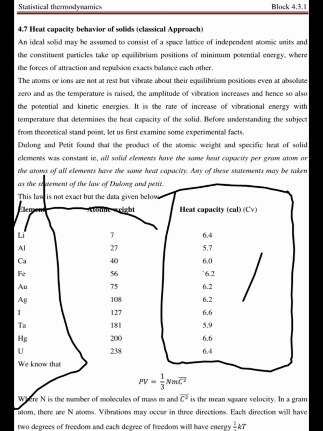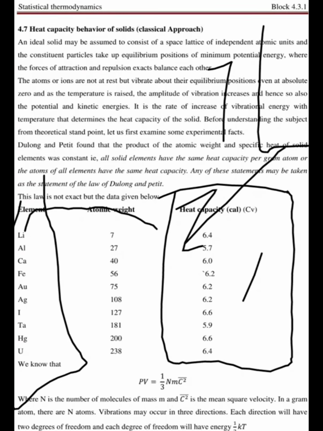N m is the number of molecules, m is the mass, and C bar square is the mean square of the velocity. So vibration may occur in three directions. In each direction, 2 degrees of freedom, and each degree of freedom will have energy of 1 by 2 kT. So vibration may occur in all three directions of the molecule, X, Y, and Z.